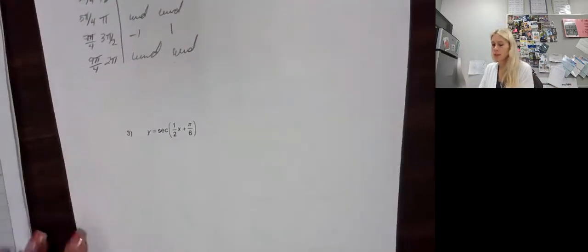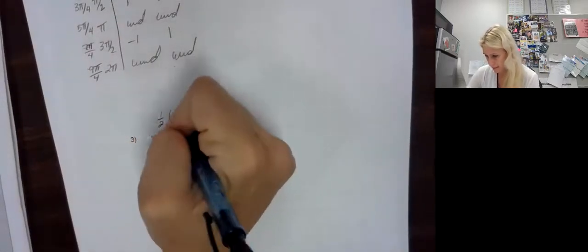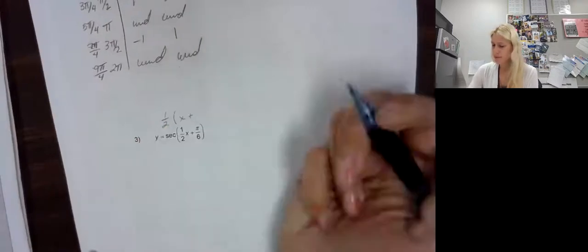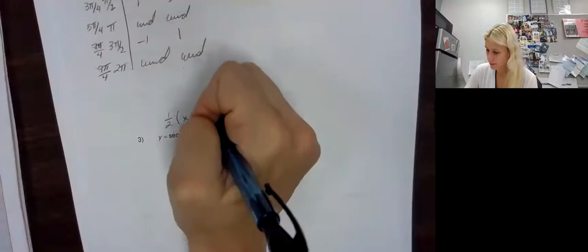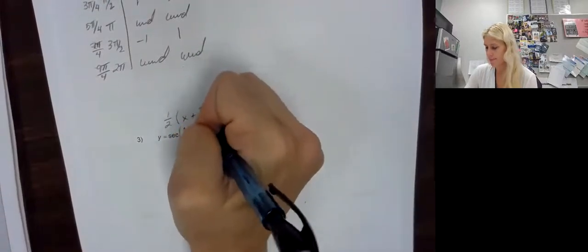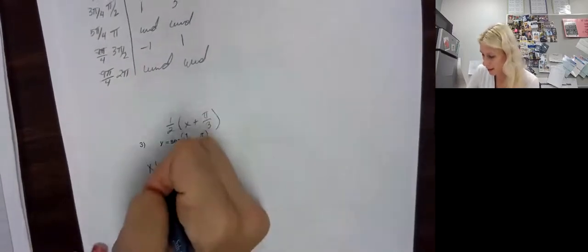All right, number 3 here, what we need to keep in mind is we need to factor first. So we're factoring out 1/2. So if we factor out 1/2, times what is pi over 6? Pi over 3. Okay. So it looks like we're doing everything to our x values.